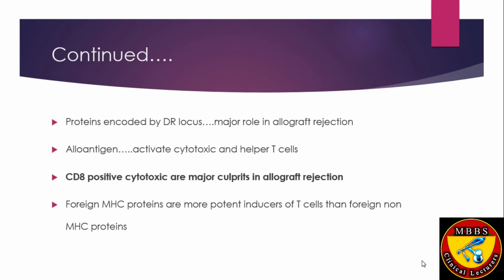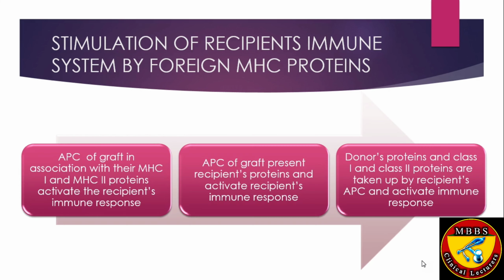The foreign MHC proteins are more potent inducers of T cells than the foreign non-MHC proteins. So the compatibility of the MHC proteins of the donor and the recipient should be there, otherwise the graft will be rejected.